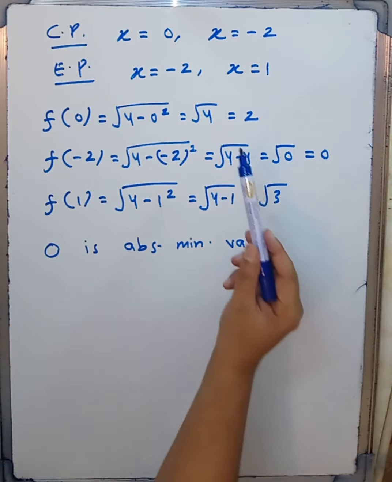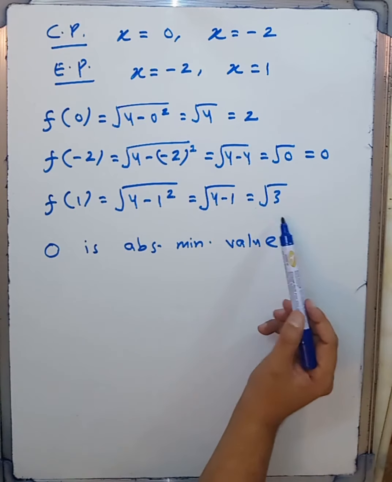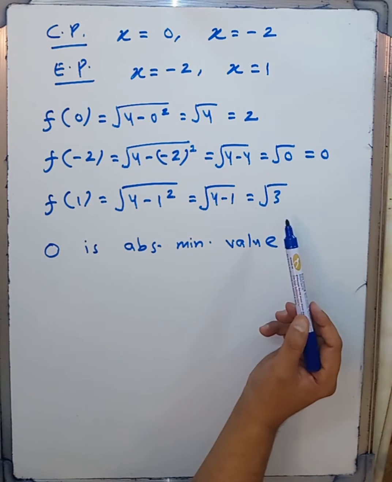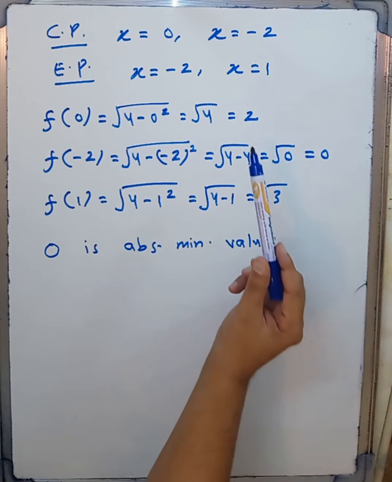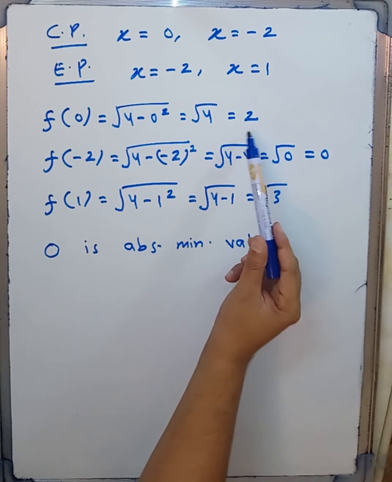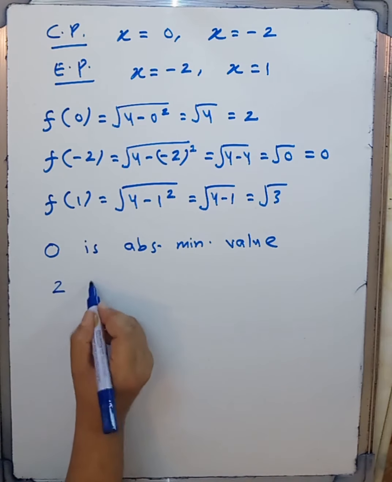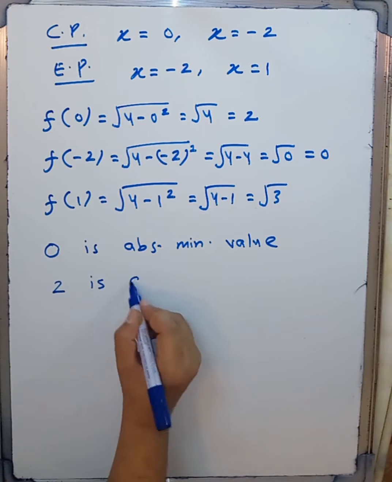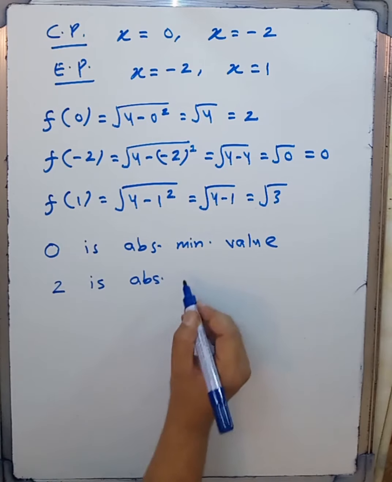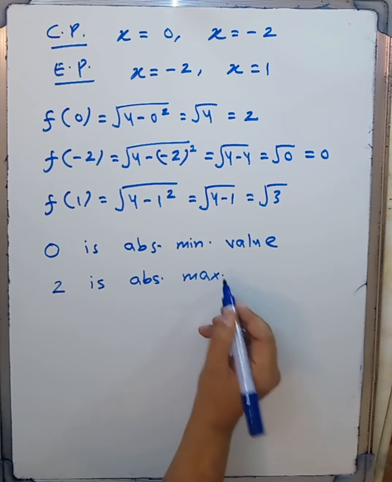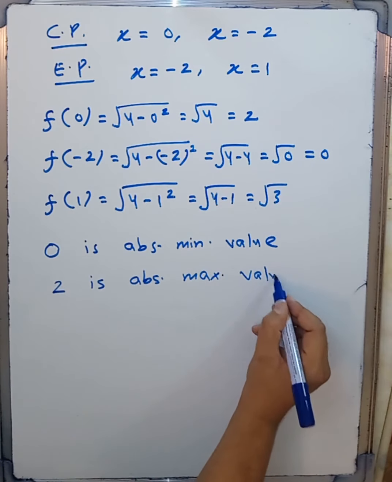If we observe the three values, we can see that 2 is the largest value. So we can write that 2 is the absolute maximum value.